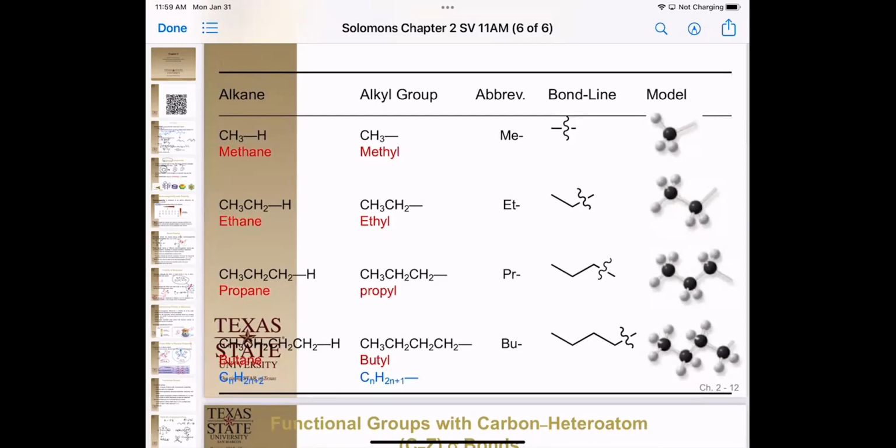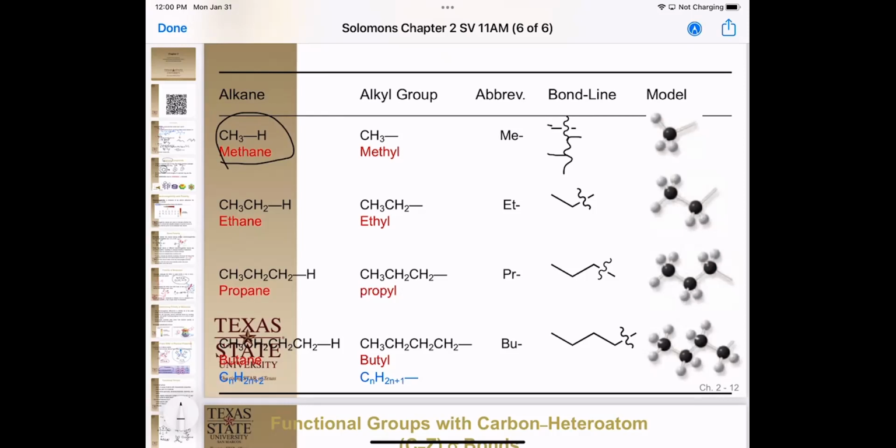Methane really has no line bond drawing by itself because it'd just be a dot. But when it's hooked to something else, it's just the stick sticking out of something else. Okay, that's what that little squiggle means. It means some bigger molecule. So if you have a methyl group stuck on a larger molecule, you're going to have that little stick out there.